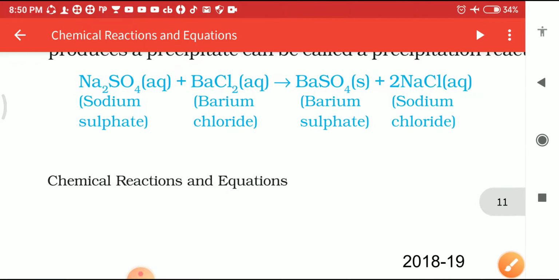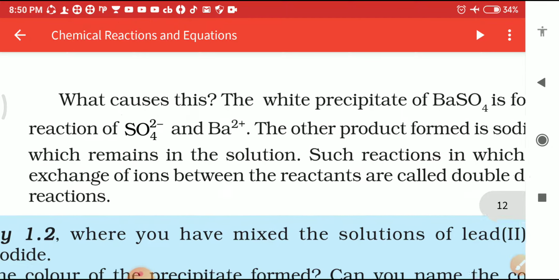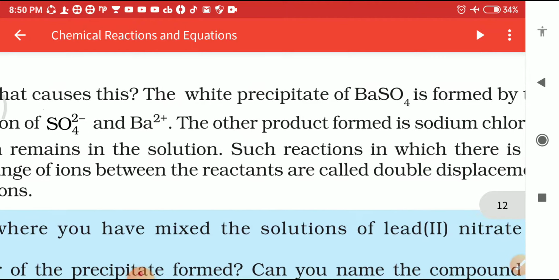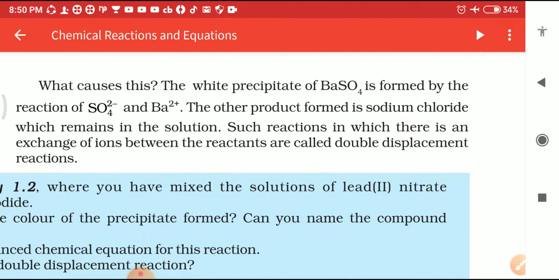Now proceed to another topic. Okay, the same thing is given here, with an explanation. You will see here what causes this. The white precipitate of barium sulfate is formed by the reaction of the sulfate, SO4 2 negative, which I told you earlier, and the barium ions, Ba2 positive. The other product formed is sodium chloride, which remains in the solution.